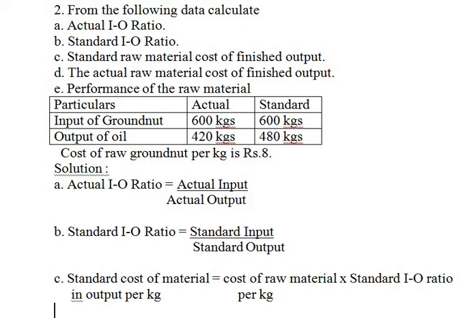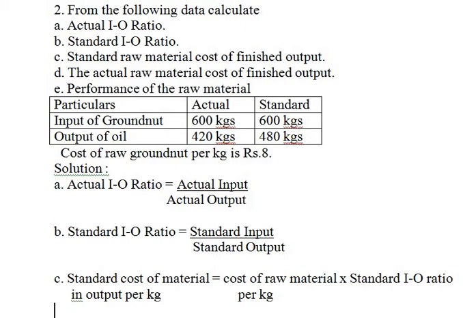Now here next line you need to make 3 columns: particulars, actual and standard. Input of groundnut for actual is 600 kg, standard is also 600 kg. Output of oil. Actual is 420 kgs and standard is 480 kgs. Cost of raw groundnut per kg is rupees 8. Okay, now this is the information they have given.